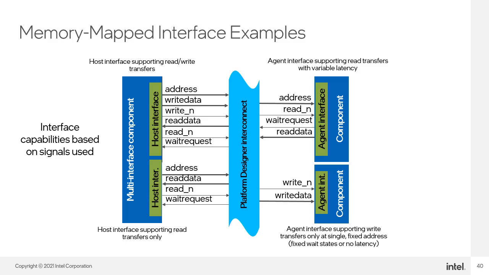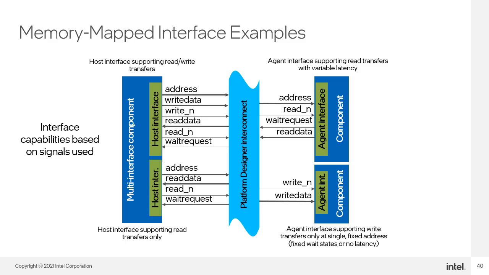The examples here illustrate this. The upper left host interface provides full read and write capabilities for the host component. The lower left interface provides only read access for the host. Again, notice that waitRequest is required for both host interfaces.